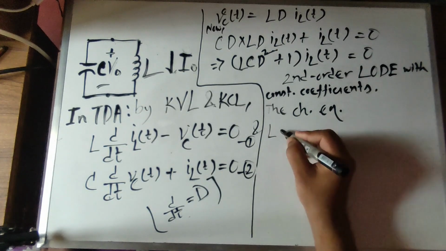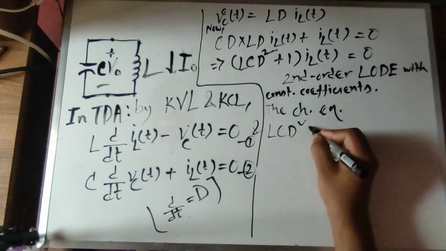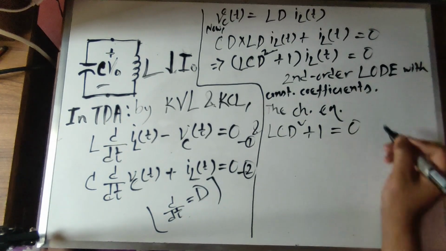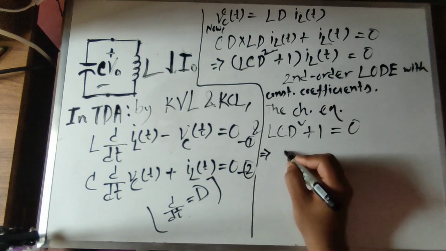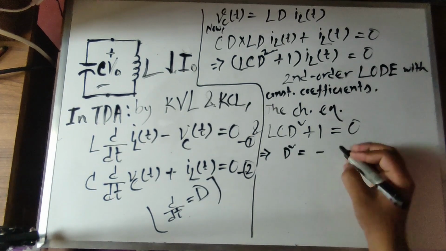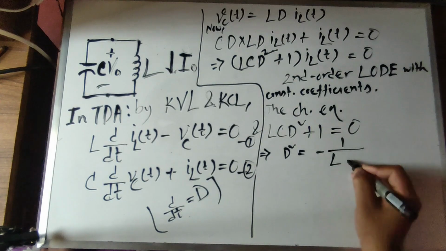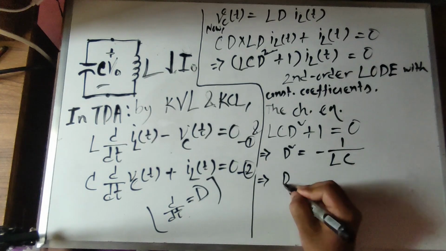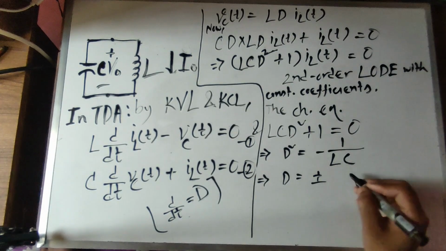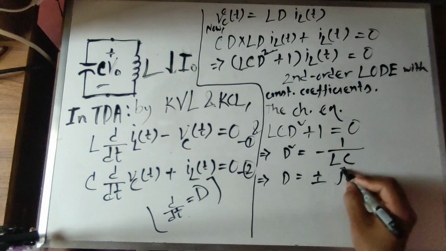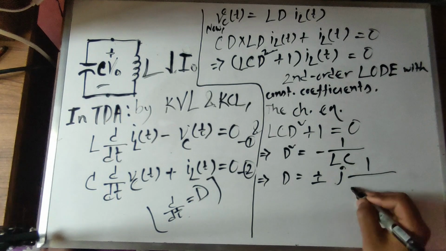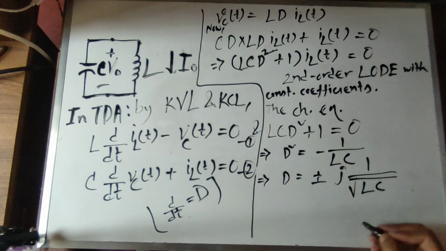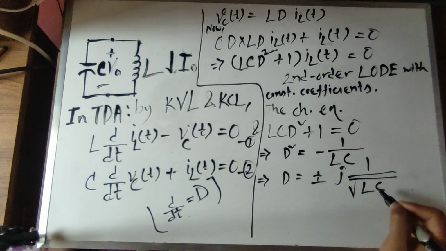So LC D square plus 1 equals 0, D square equals minus 1 by LC, D equals plus minus j 1 by root over LC. Say 1 by root over LC is the natural undamped frequency omega n.